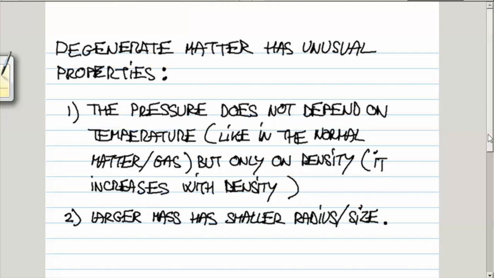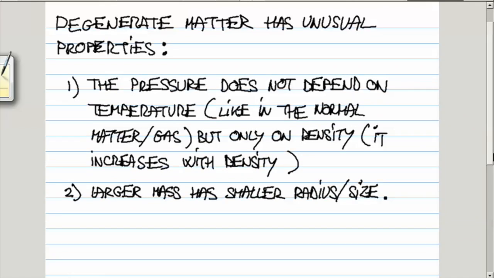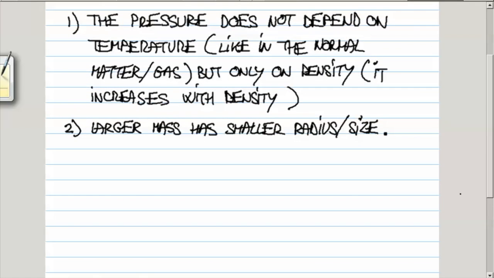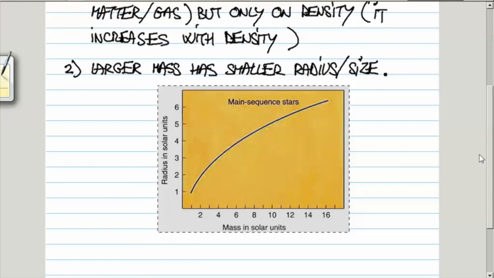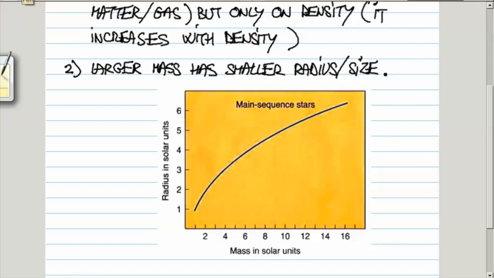So we should contrast that to the behavior of ordinary matter. Okay, so here is the relation between the radius measured in the units of sun's radius versus mass. And this is how the normal matter, or say the stars on main sequence, behave, how the radius depends on the mass.